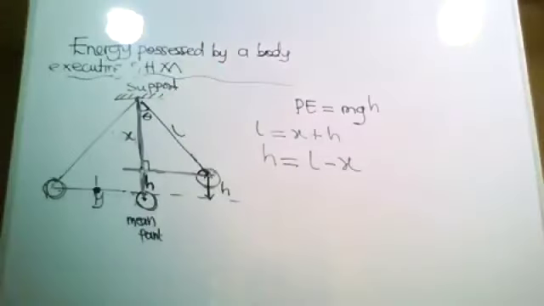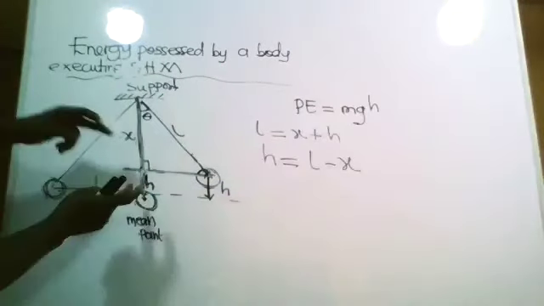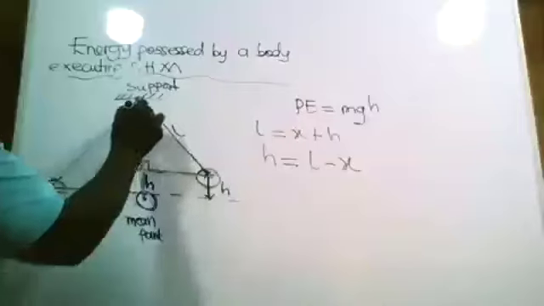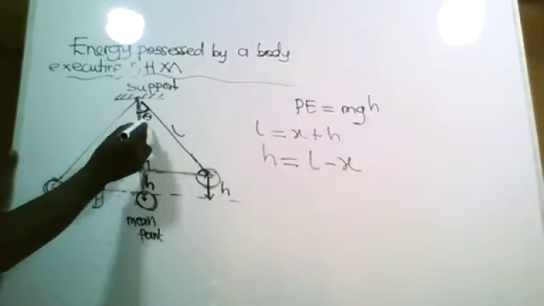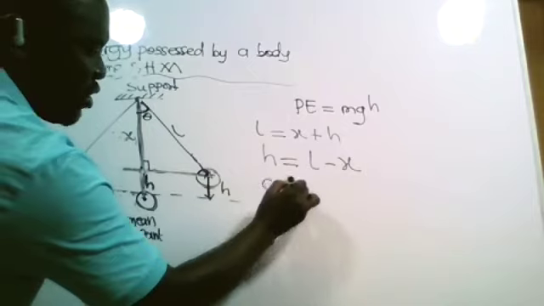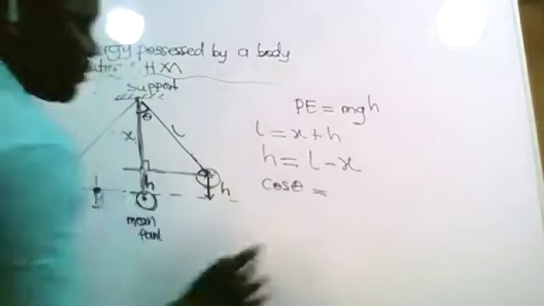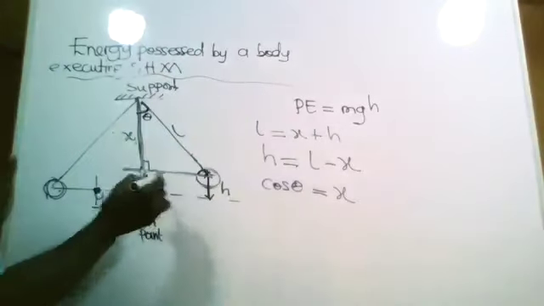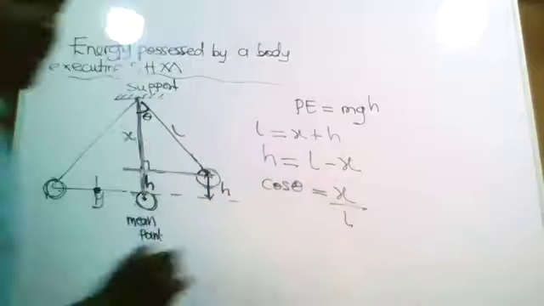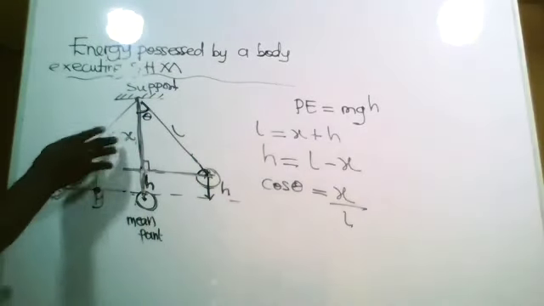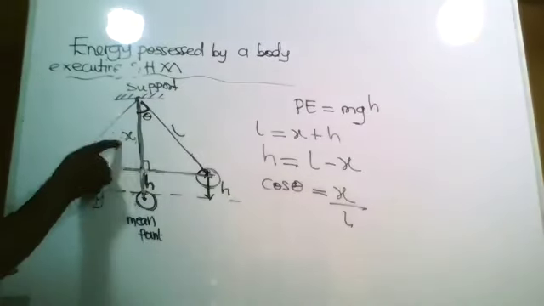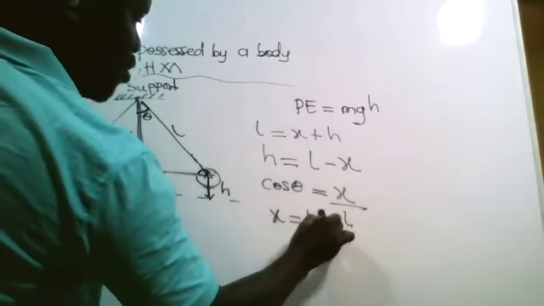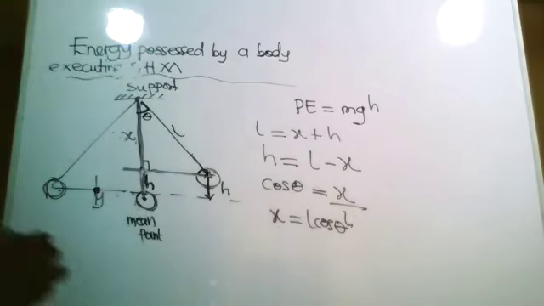All right. So if H is equal to L minus X, when we take the cosine of the angle, cos theta here would be equal to X over L. This X, cosine of this angle, X over L. Therefore, X is equal to L cos theta.